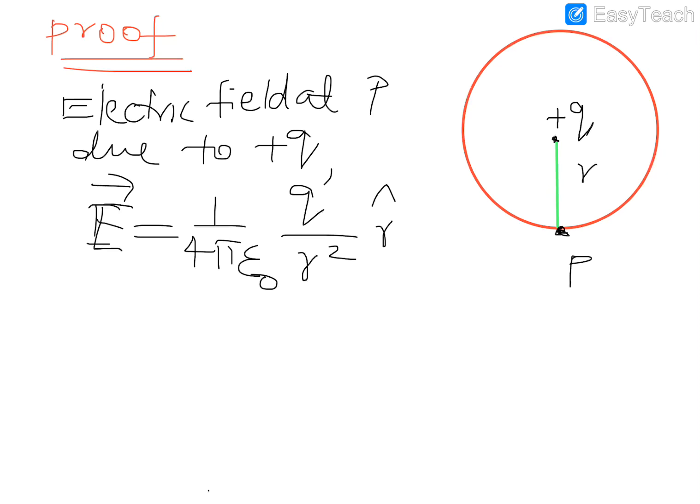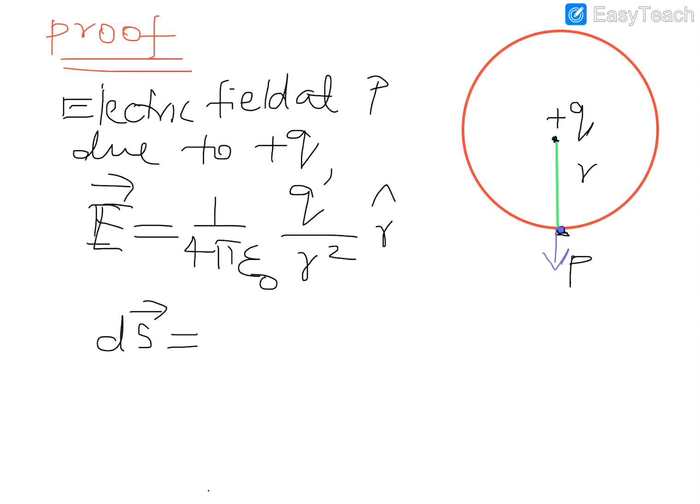Now what is the area vector in this case? You know that area vector means a vector drawn perpendicular to the surface. At this point, you can draw a vector which is perpendicular to the surface.